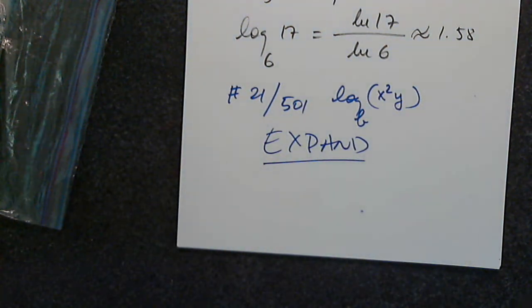When we're asked to expand, we're basically told, here are 3 properties. Use all of them that are applicable and present an expression with very simple logs. So I have 3 properties available. We do not have a property available that is log of a sum. There is no property for log of a sum. You can't touch that. There is no property for log applied to a difference. You can't touch that. But we can write something for log applied to a product, ratio, or power.